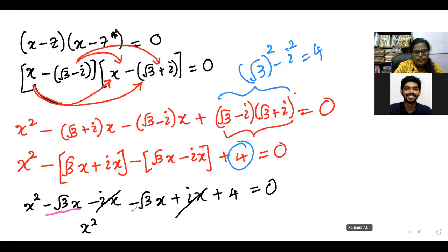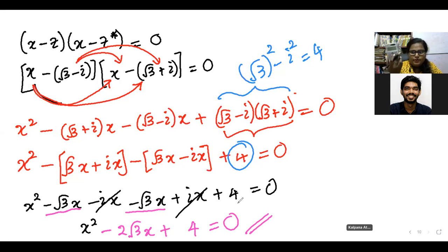This square root 3x and this square root 3x gives you 2 square root 3x plus 4 equals 0. The same quadratic equation can be taken by this one, right? So you can verify your solution by giving this quadratic equation to the calculator and taking the roots.